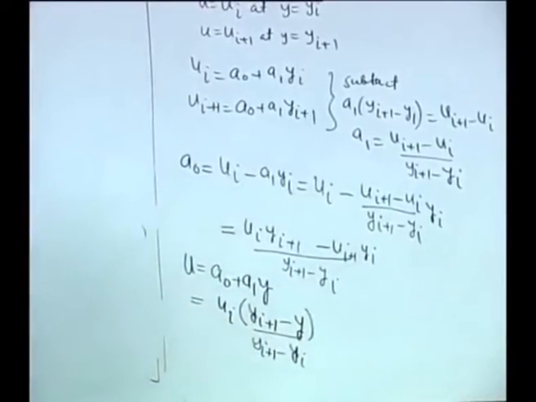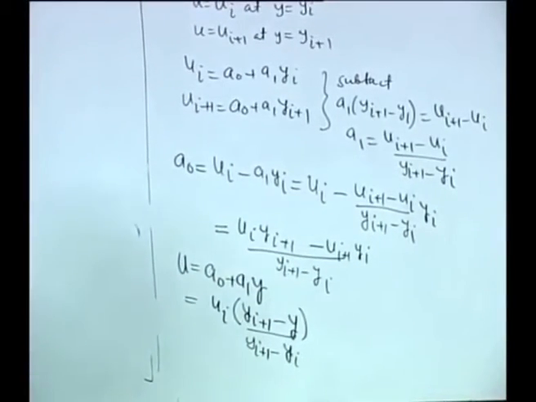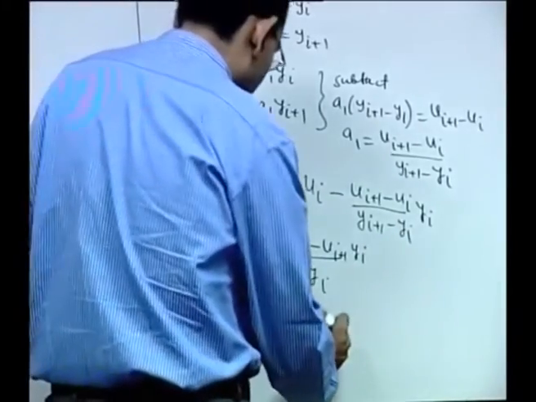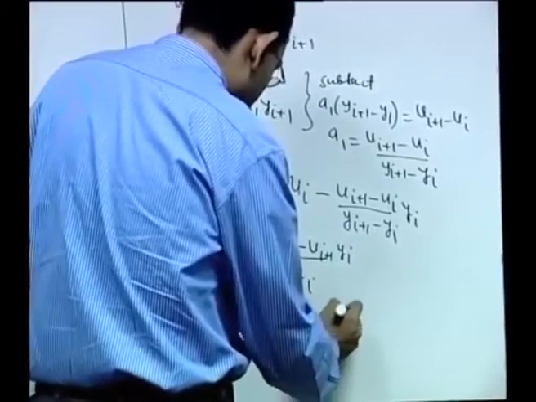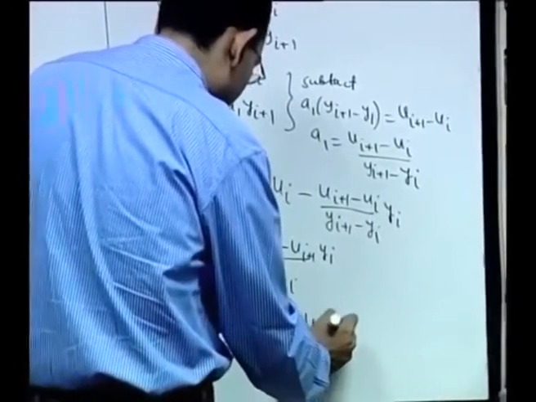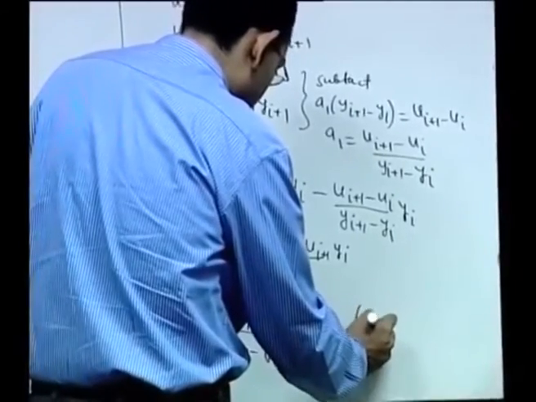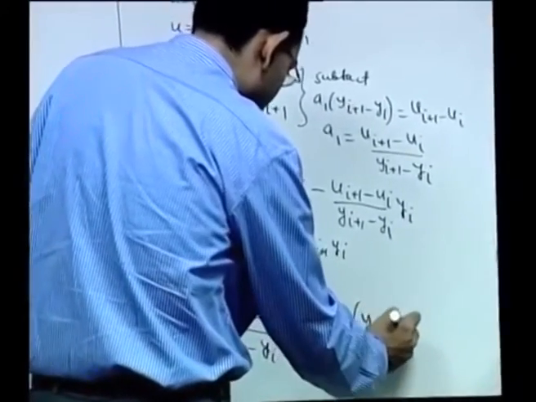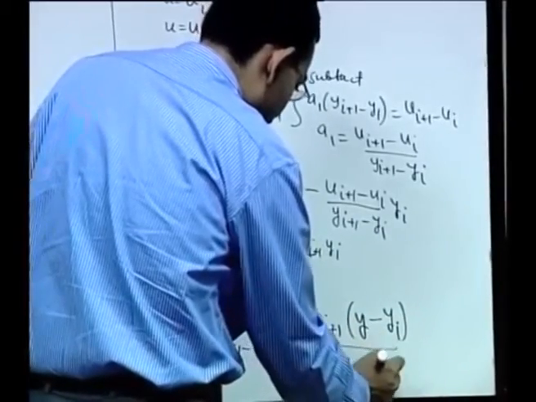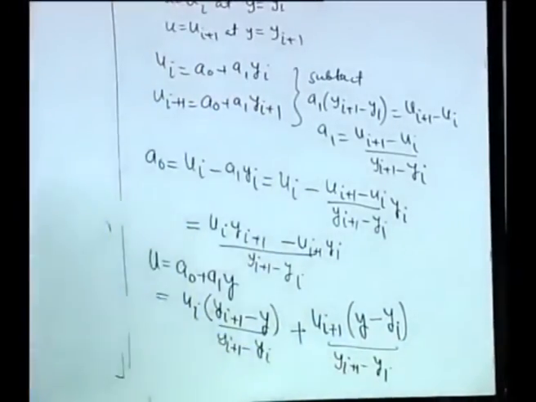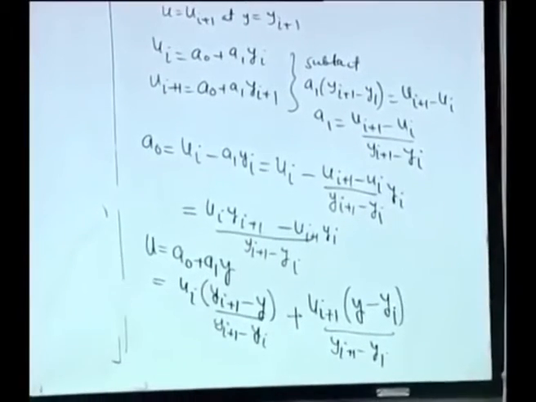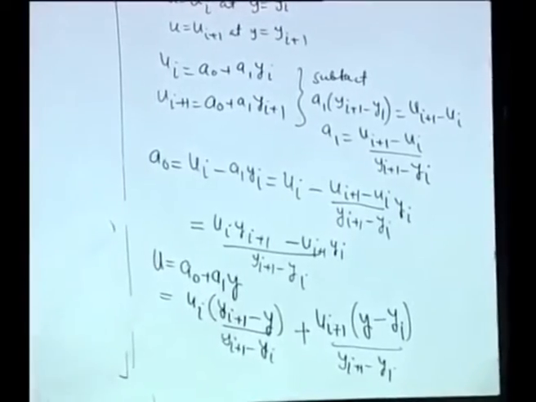This is with u_i, and with u_{i+1}, we have u_{i+1} into (y minus y_i) by (y_{i+1} minus y_i).